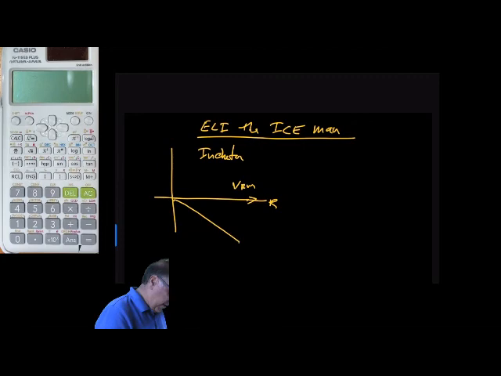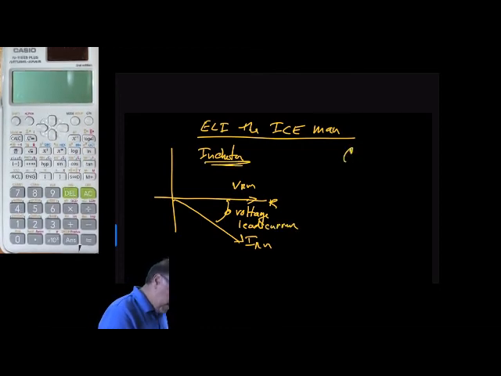Voltage leads the current, I RMS. So voltage leads current for an inductor.